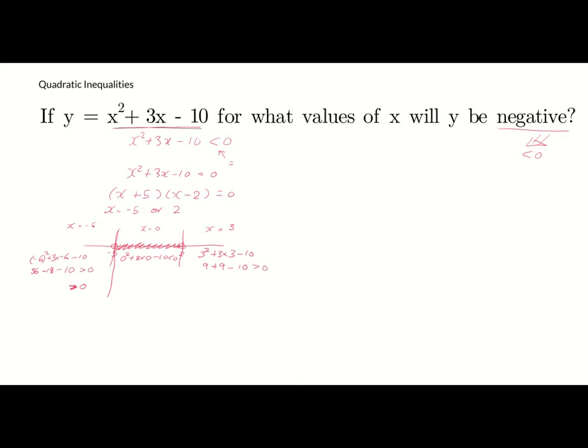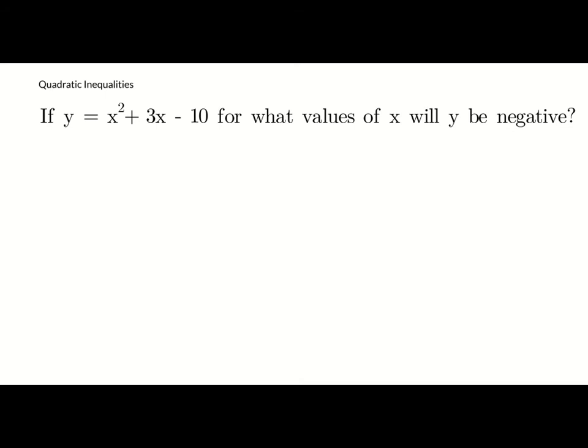So the only region where the expression x squared plus 3x minus 10 will be negative is between x equals negative 5 and x equals 2. So writing that out, x has to be less than 2 and above negative 5. So this essentially is our solution.